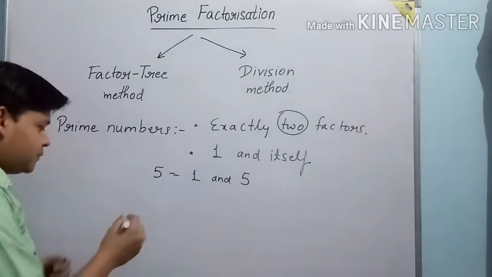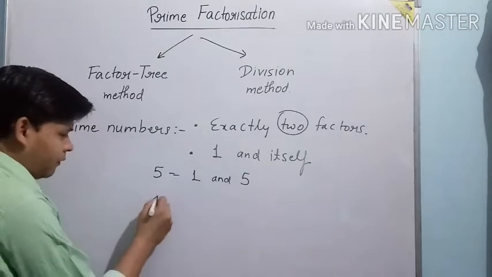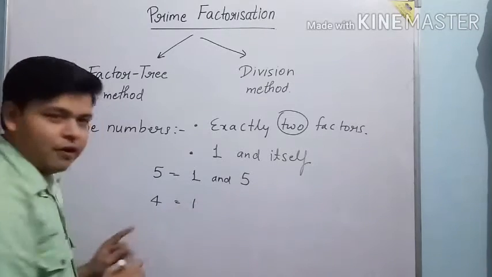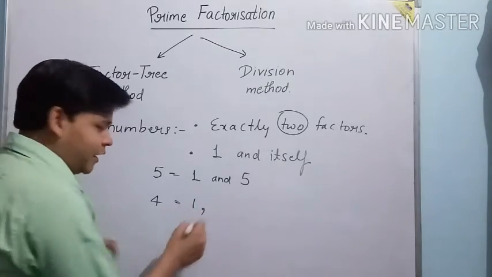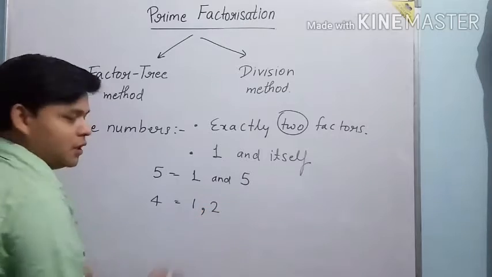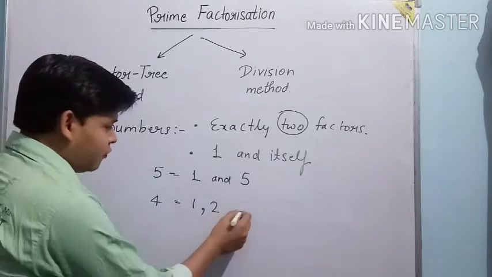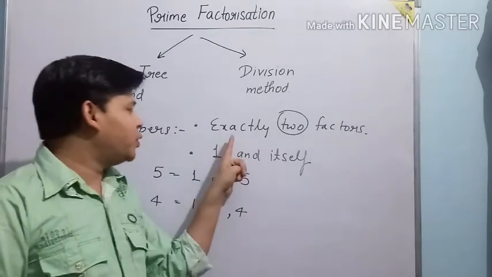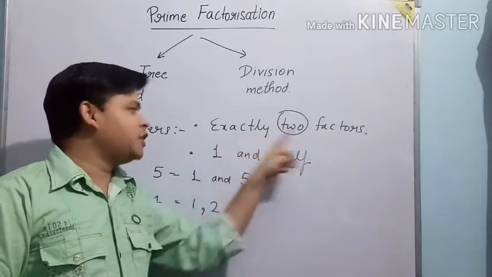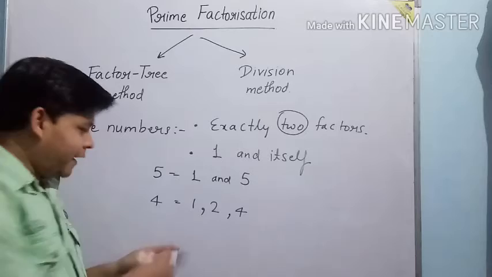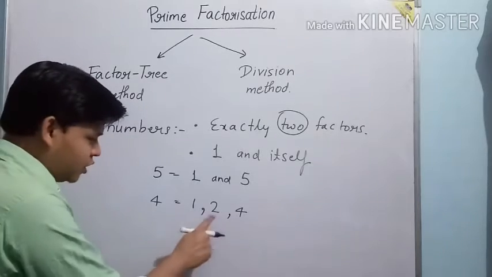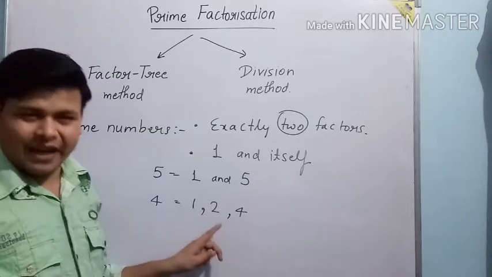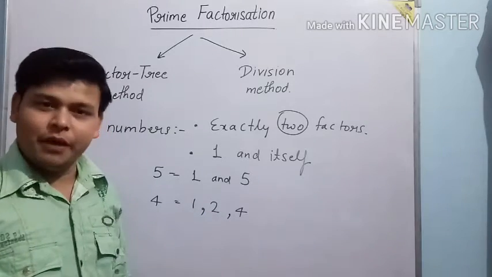Similarly, if I talk about say 4, so 4 will come in the table of 1, 4 times, right? In the table of 2, similarly in the table of 4. So according to the definition of prime numbers, I told you that it has exactly two factors, but as we all can see it has three factors: 1, 2, 3. यानी जो 4 है वो 1 के टेबल में आएगा, 2 के टेबल में आएगा और 4 के टेबल में भी आएगा.